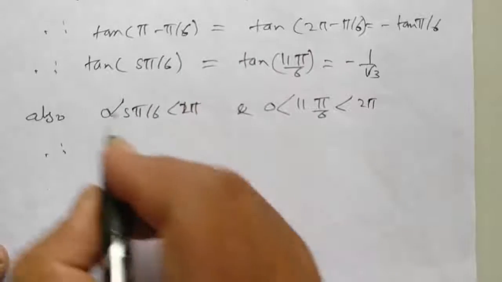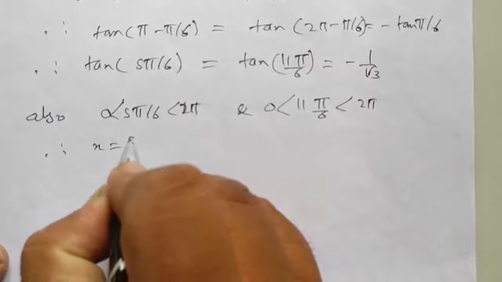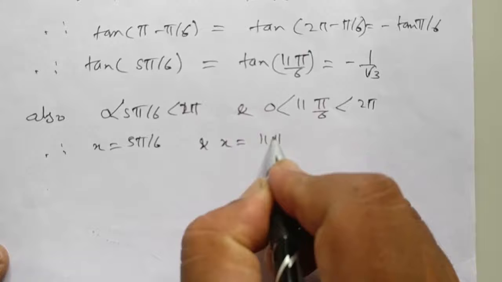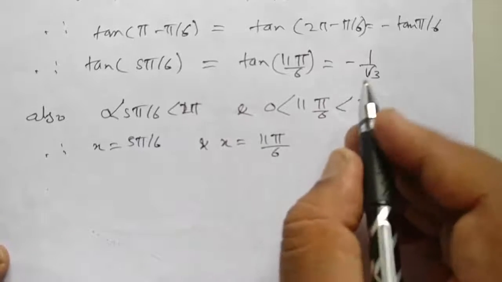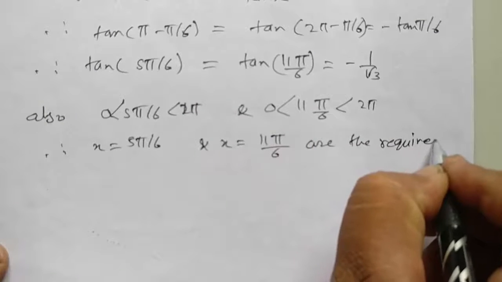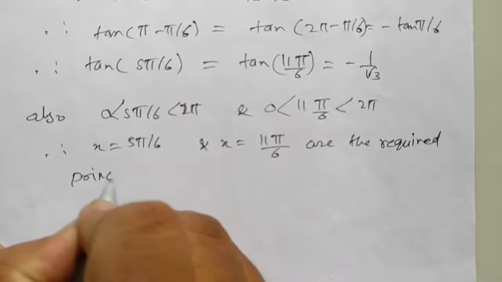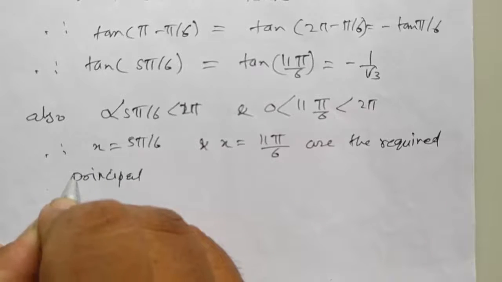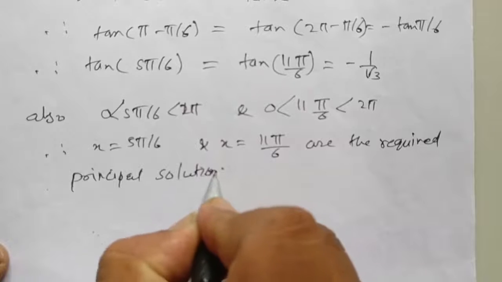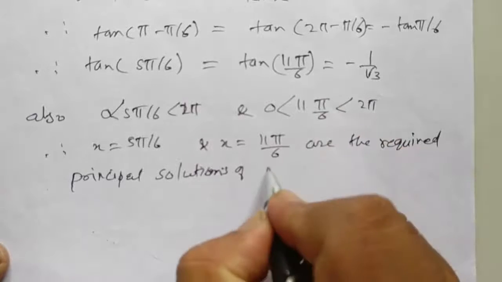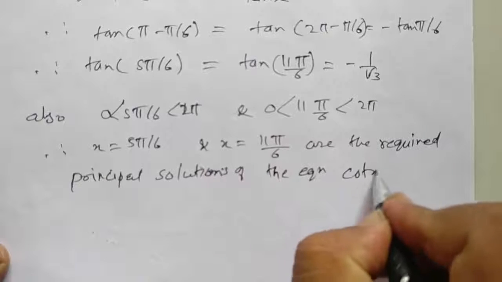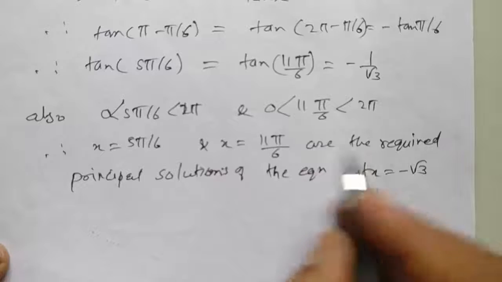Therefore, x is equal to 5 pi by 6 and x is equal to 11 pi by 6 are the required principal solutions of the equation cot x is equal to minus root 3.